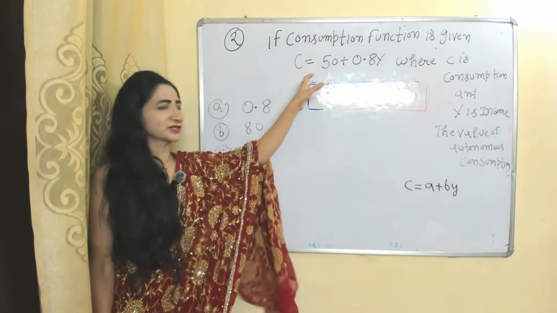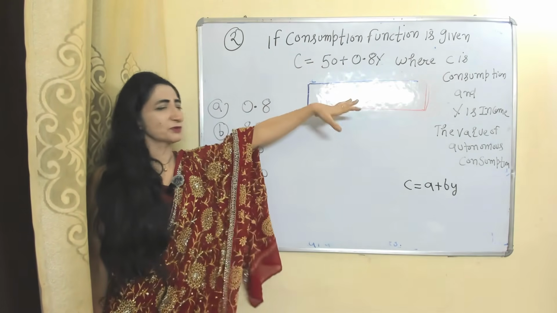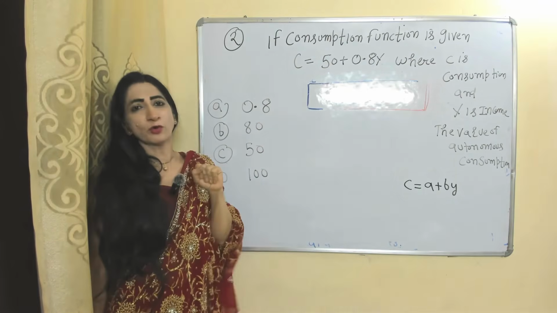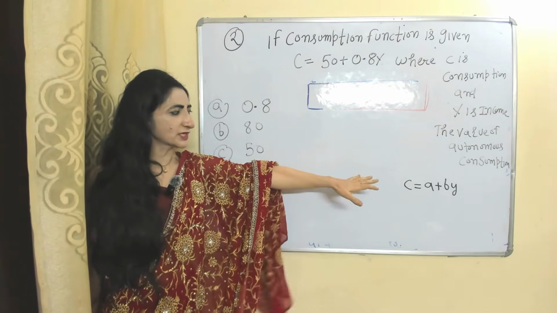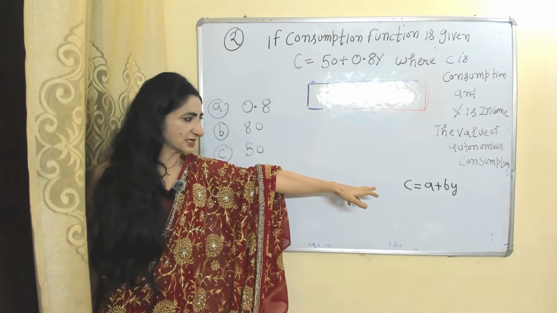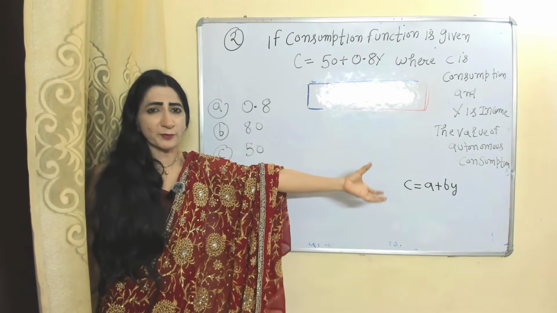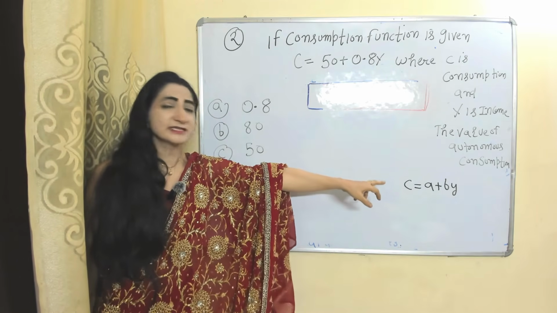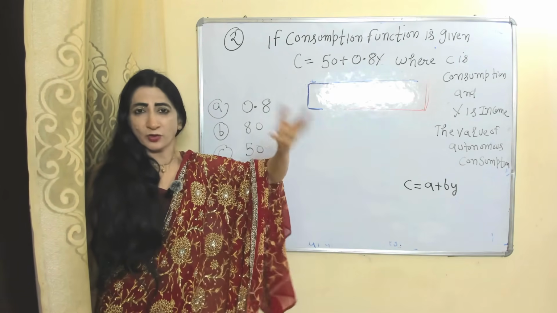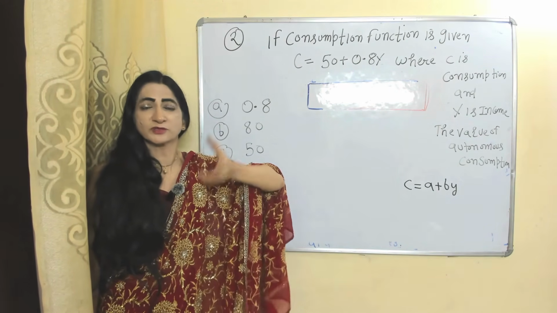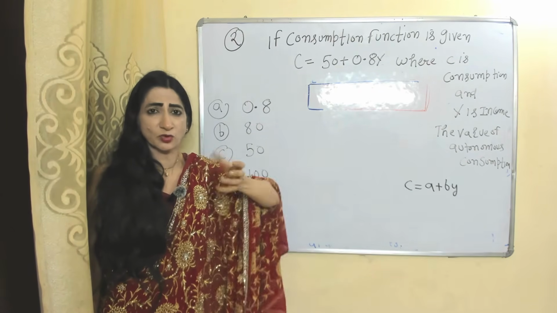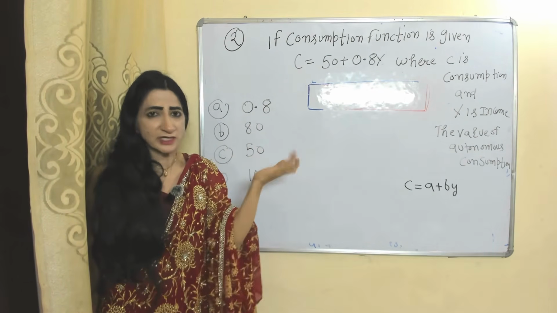If the consumption function is given, C is consumption, Y is income, what is the value of autonomous consumption? We have already discussed this consumption function. B is the slope which represents marginal propensity to consume. A is the intercept. Autonomous consumption works as an intercept which shows the value of consumption when income is 0.